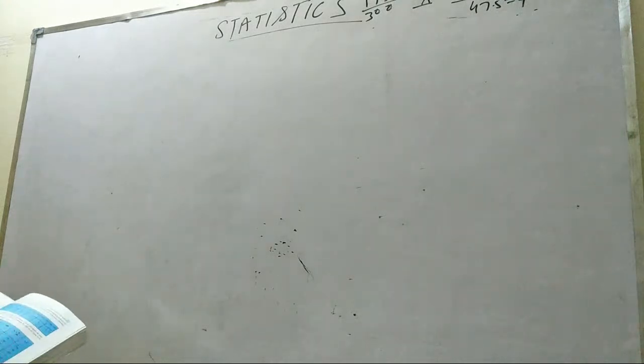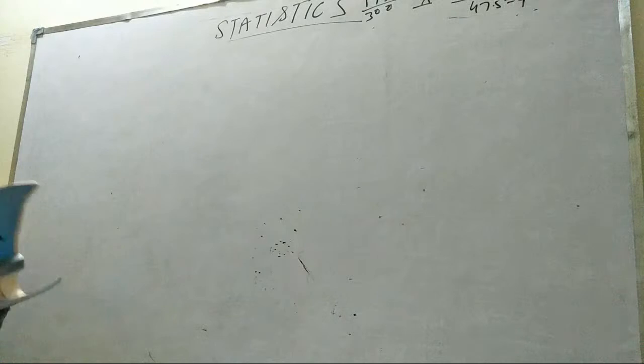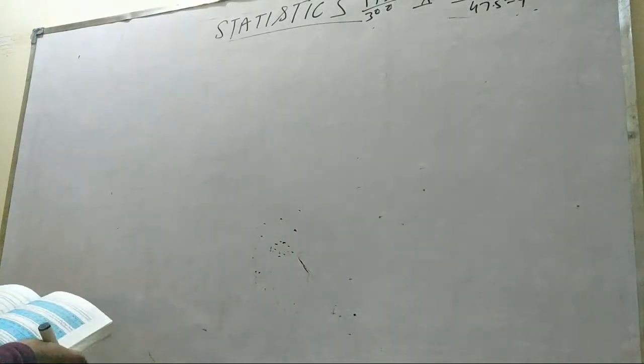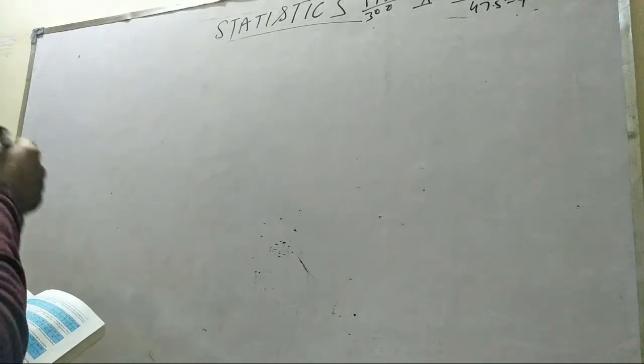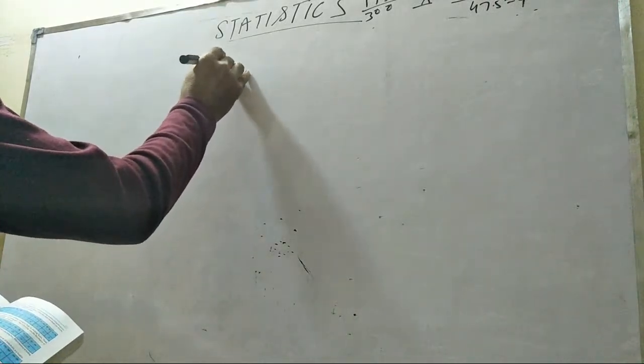Take another example. 500 to 520, second 520 to 540, 540 to 560, and 560 to 580, and 580 to 600.